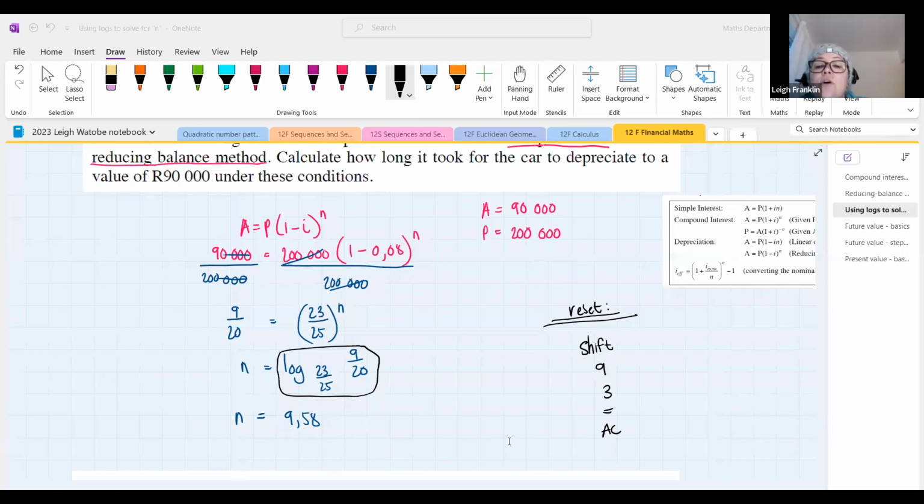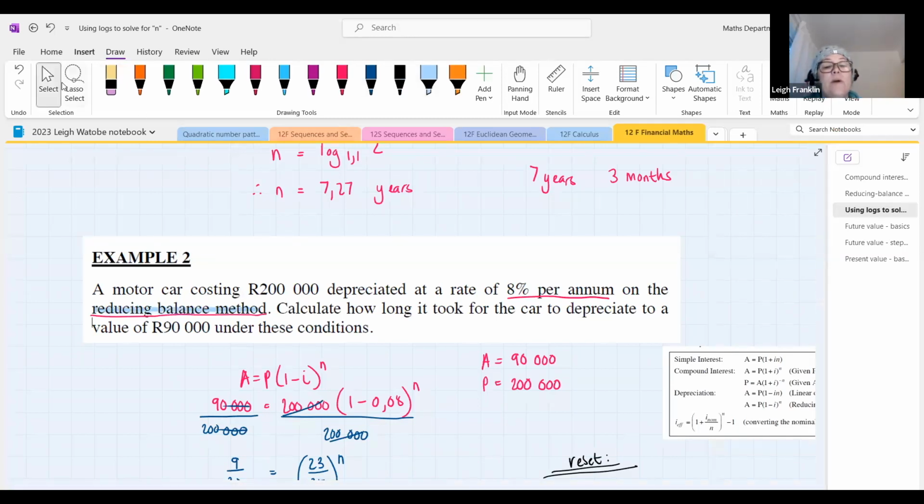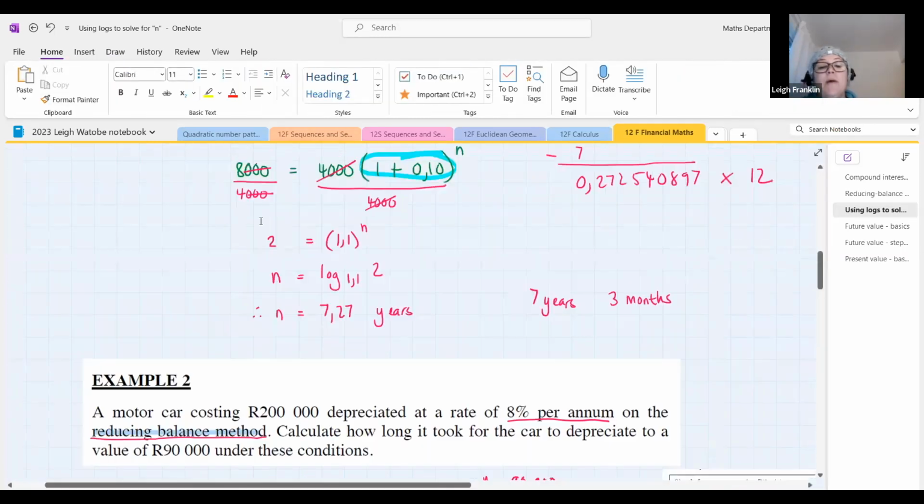Tuelo, I just see you've asked me a question as well. Okay, so Tuelo, you've got to read the question carefully. Here, can you see I underlined the words reducing balance method? That's how you knew which formula to pick. In the question above, they didn't talk about reducing balance.